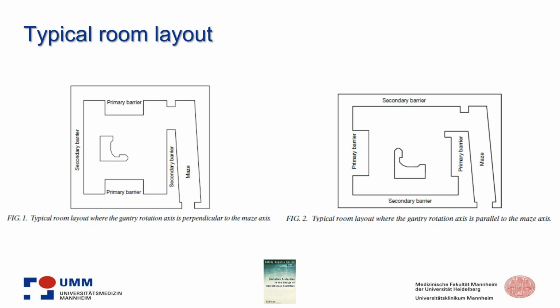And you have a secondary barrier. You see the maze is also limited and guided by a secondary barrier. And you could turn the machine, and then you have to change the secondary and the primary barriers. Yeah, the next.